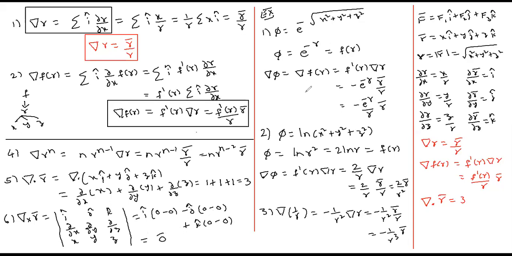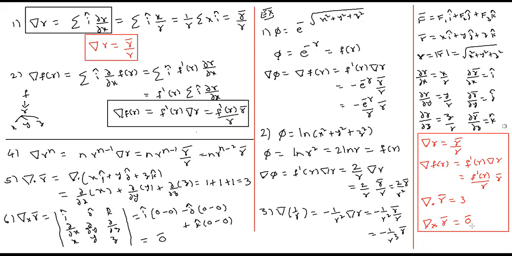So what is another formula? Curl of r bar is 0 bar. So from this, what is your understanding? Curl r bar is identically equal to 0. From this, what can you say? Whenever curl is 0 bar, we can say that the vector is irrotational.